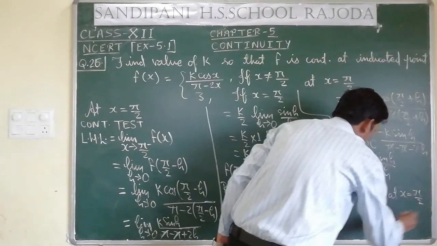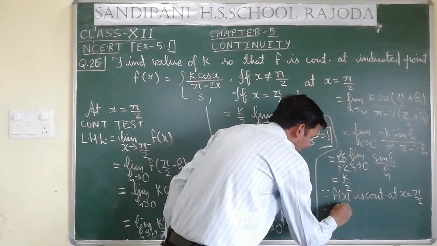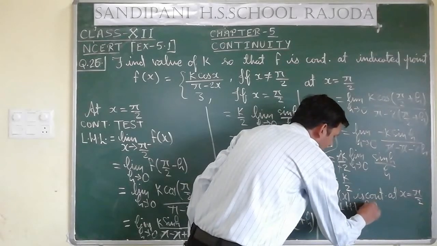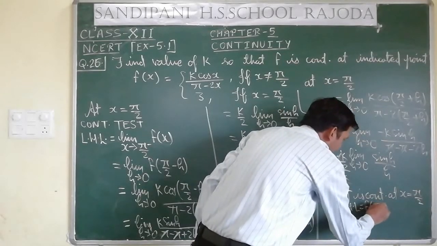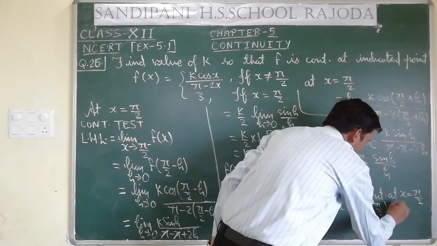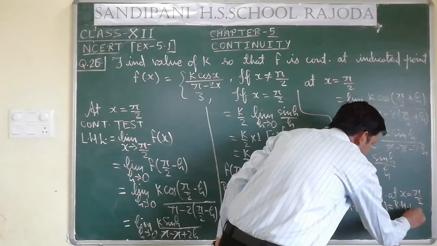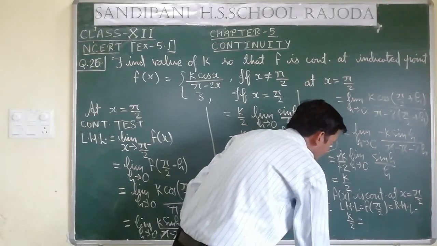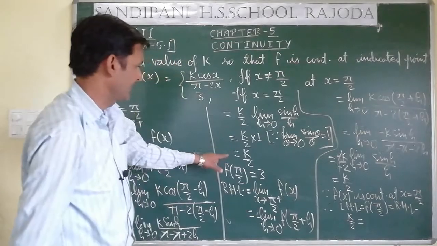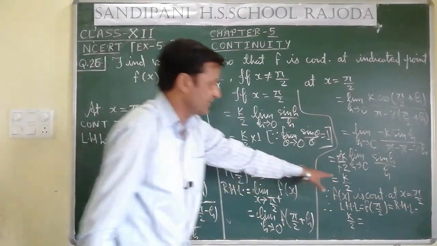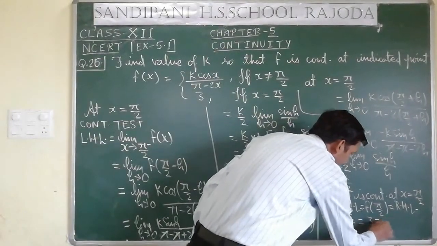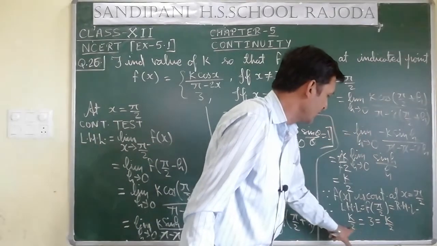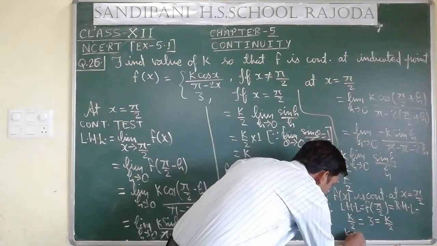Therefore, LHL is equal to f of pi by 2 is equal to RHL. So k by 2 is equal to 3. See, k by 2 is equal to 3 is equal to k by 2. So if we put k by 2 is equal to 3, so k will be equal to 6.